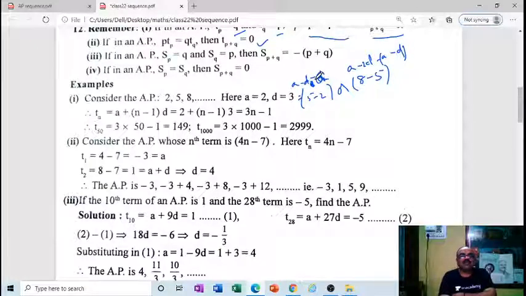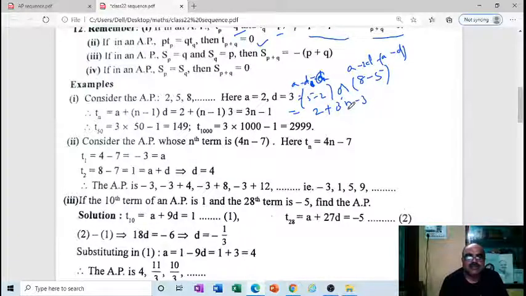What is Tn formula? A plus n minus 1 into D. It is 2 plus n minus 1 into 3, which is going to be 3n minus 1. Please be careful. How did we get this? 2 plus 3n minus 3.